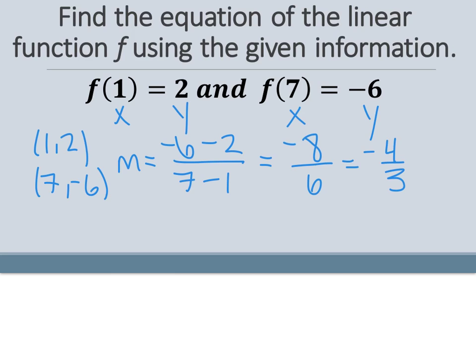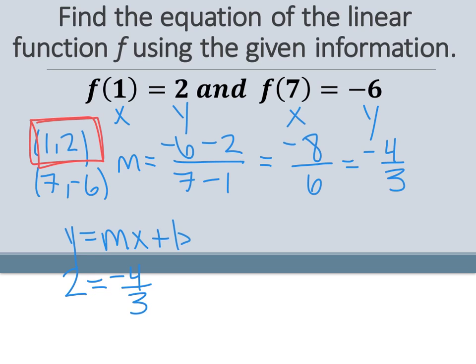We need to now figure out what our b is. So we use y is equal to mx plus b. I'm going to use this point because it just looks a little bit nicer. So instead of writing y, I'm going to write 2. Instead of writing m, I have -4/3. Instead of writing x, we have 1. And we're going to use this to figure out what our b is.